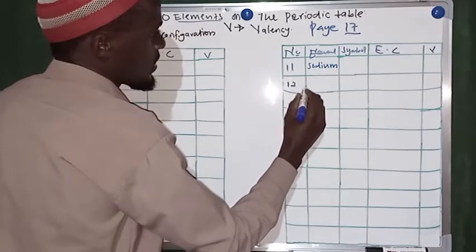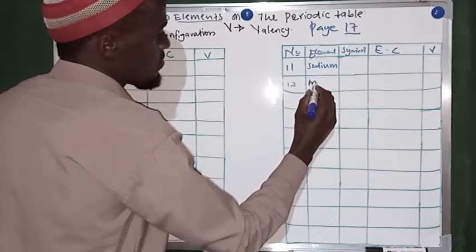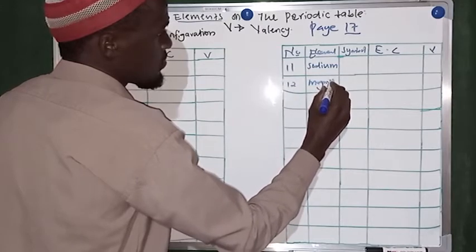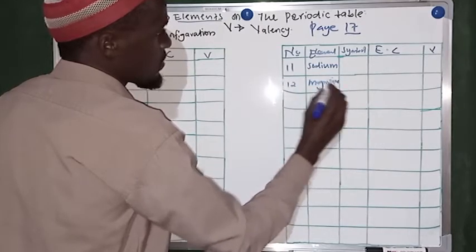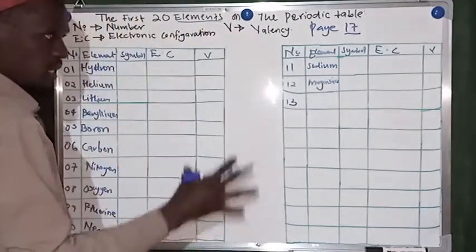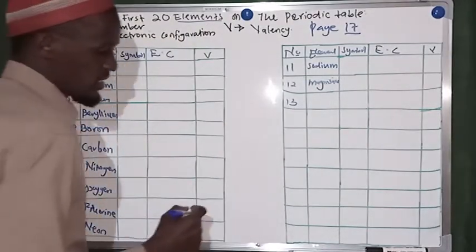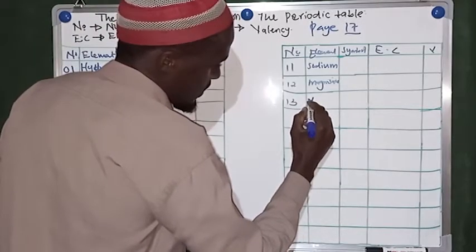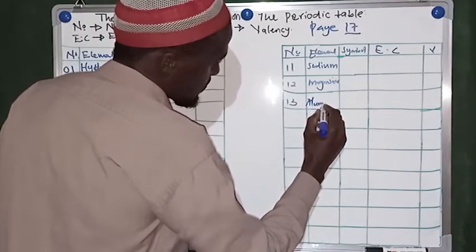Number 12 is magnesium. Number 13, you check the elements are all there. Number 13 is aluminium.